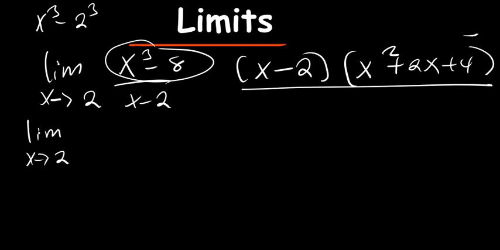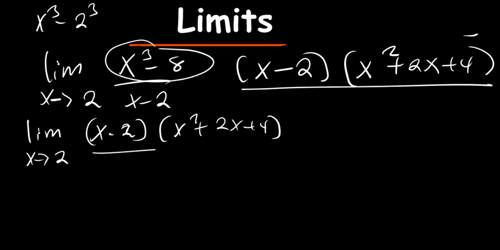So the limit as x goes to 2, I replace this with x minus 2 times x squared plus 2x plus 4, and I divide that by x minus 2. The x minus 2 and x minus 2 will go.